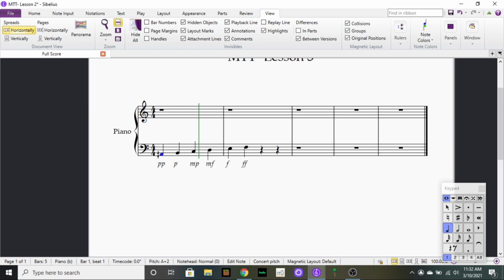The M means mezzo, and the P means piano, so it's mezzo piano. This is kind of like extra than piano. So, for example, piano could be like caffeine-free Coke, but mezzo piano has the caffeine in it.